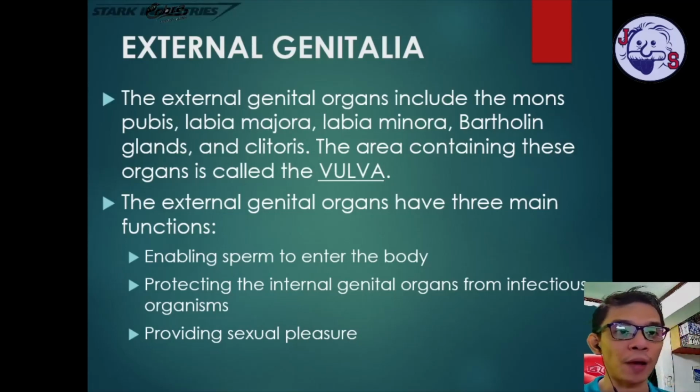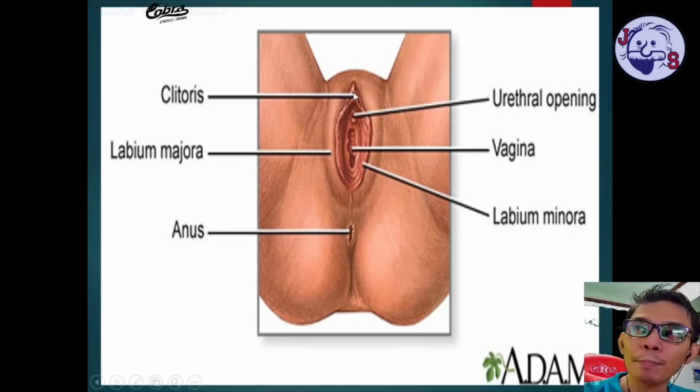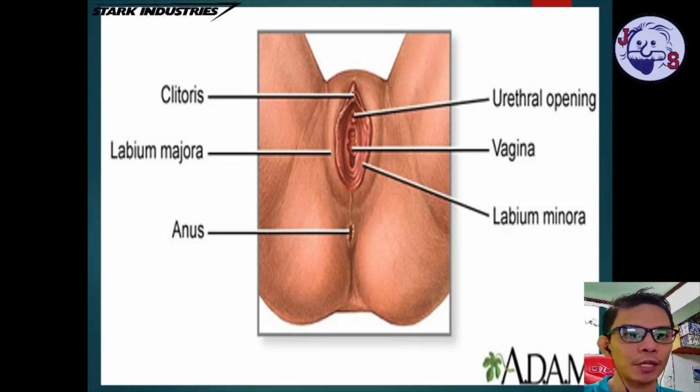Now this is what it looks like in an actual image. The clitoris is located on top, and what is right here is the urethral opening. As you can see, the vagina and the urethral opening are completely separate from each other, unlike in the male reproductive system, where the pathway of the urine and the sperm is connected as one.